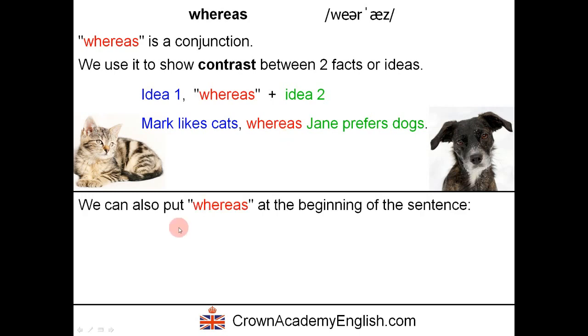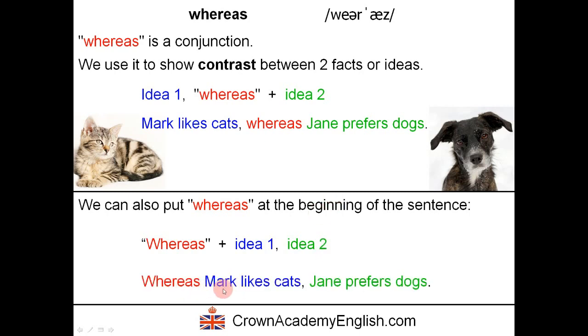Now, we also have a second choice. We can also put whereas at the beginning of the sentence, at the start, the first word of the sentence. So let's take this example and change the form. This is the form: whereas, followed by idea one, comma, so the comma goes here, and then we have idea two.